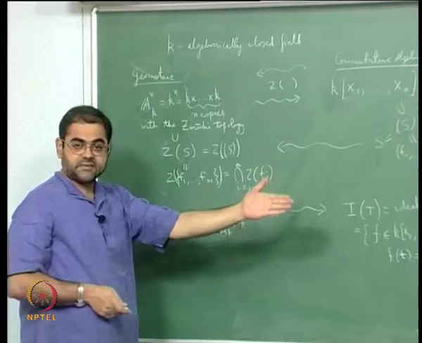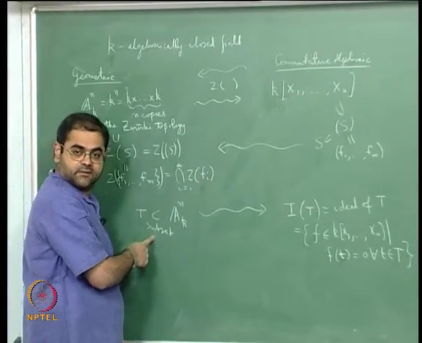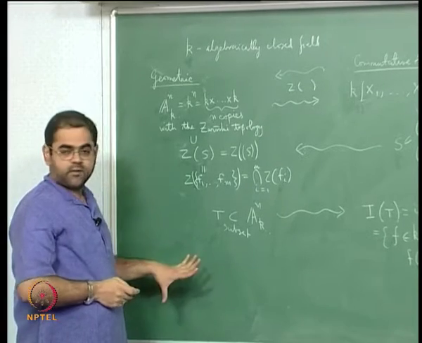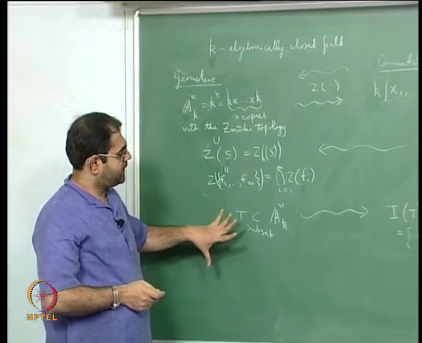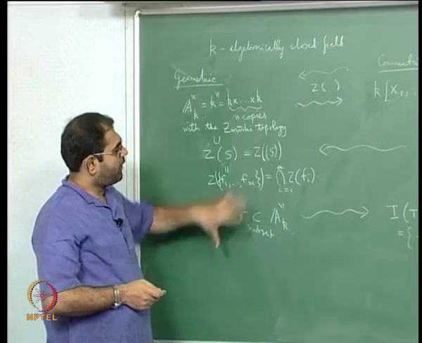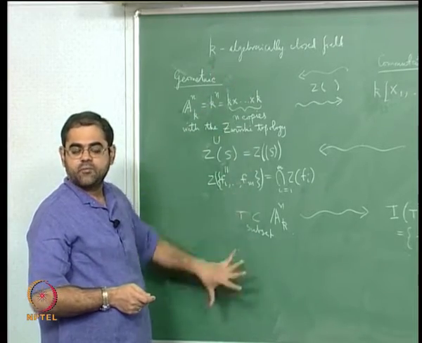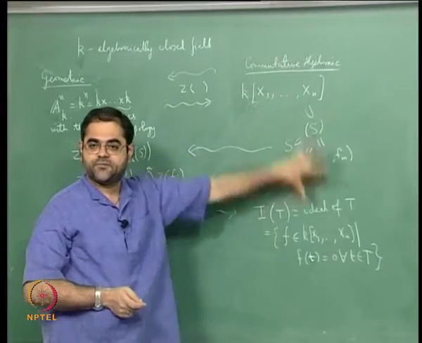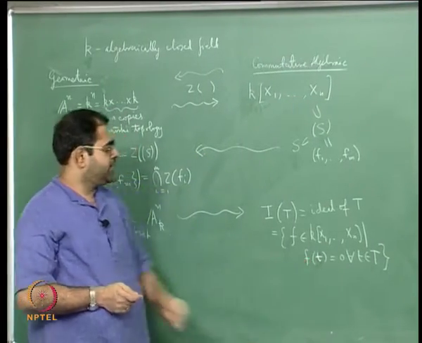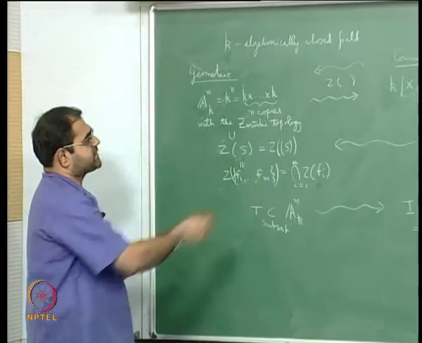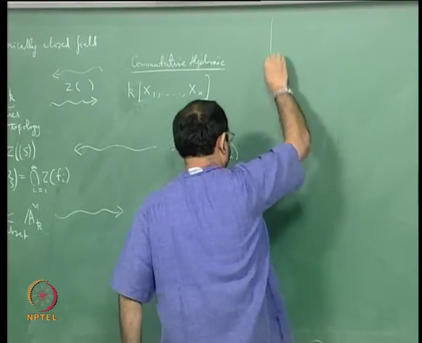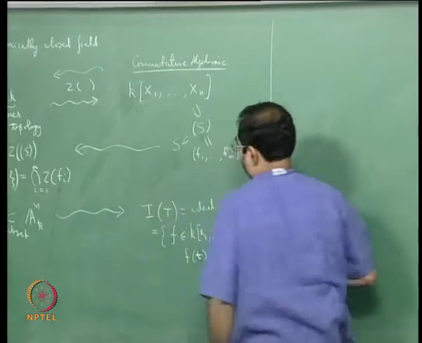And in this direction given a subset you associate an ideal, okay. So you can see more or less that on this side you are worried about closed sets, okay, and on this side you are worried about ideals, okay. So let us explore the properties of these two associations.